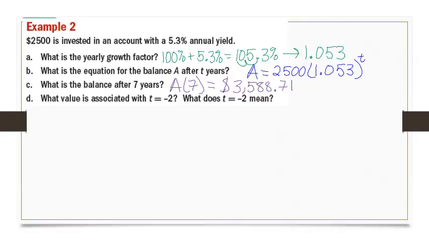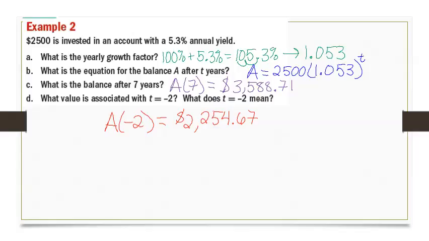So again, we plug in to find A of -2 of our function. So again, typing that into our calculator, we get $2,254.67.